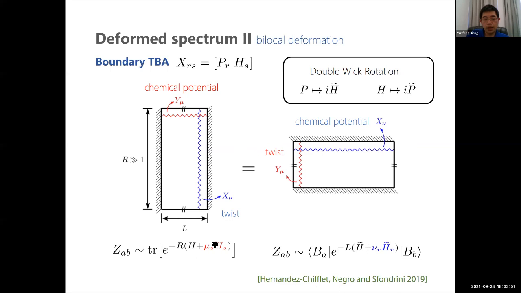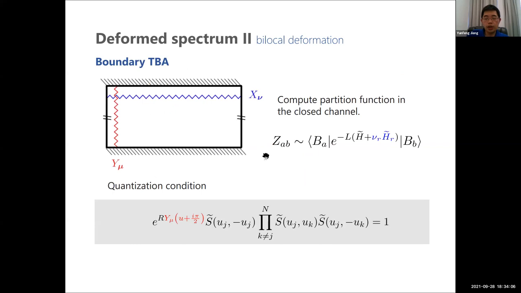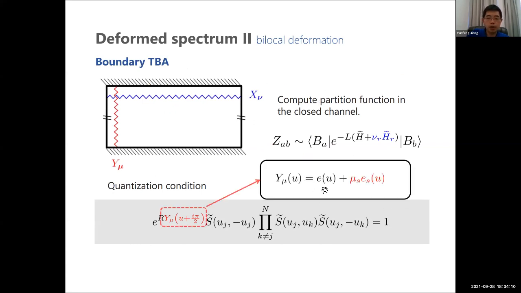So you see here we have the chemical potential, which involves H S, and here we have the twist, which becomes the chemical potential in the mirror channel, and this is H R theta. With this in mind, we can just carry on with the usual boundary TBA approach.